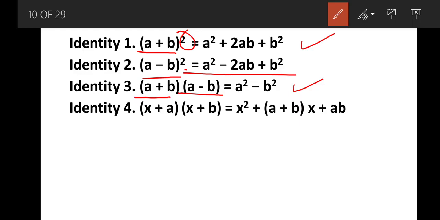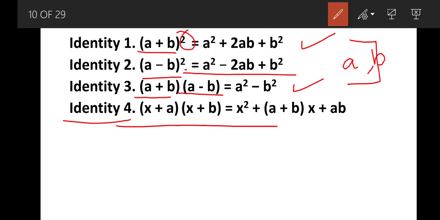If you take a look at identity number 4, there is a little difference between it and the other three identities. Here the variables are a and b only, but in identity number 4 we have one more, x, present along with a and b. So (x plus a), and here x is present, here also x is present. Whatever number or term is present in place of x, it should be the same in both brackets.